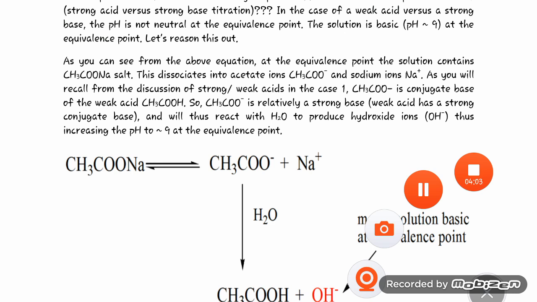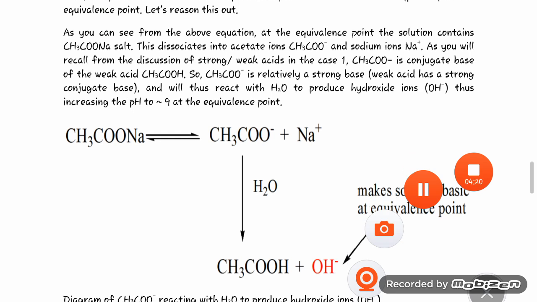So CH3COO minus is a relatively strong base. A weak acid has a strong conjugate base and will thus react with water to produce hydroxide ions, thus increasing the pH to 9 at the equivalence point.